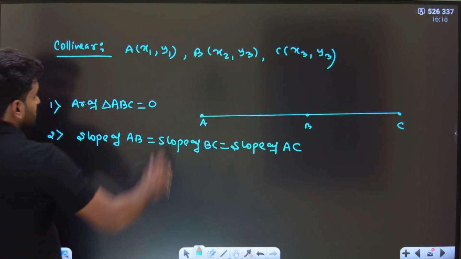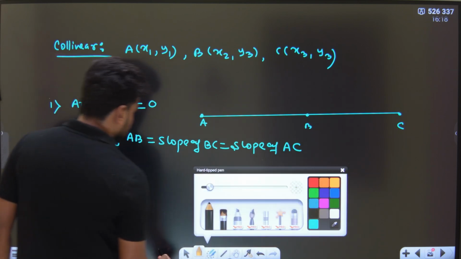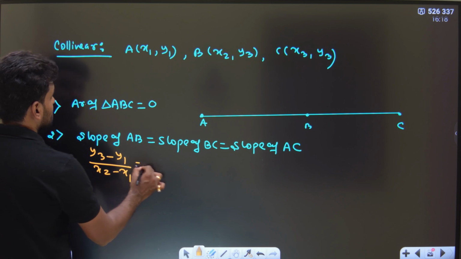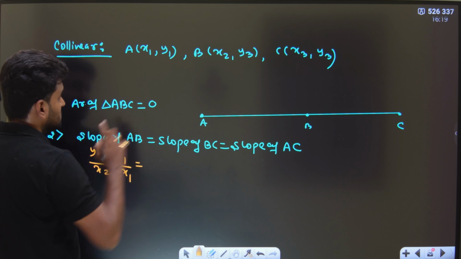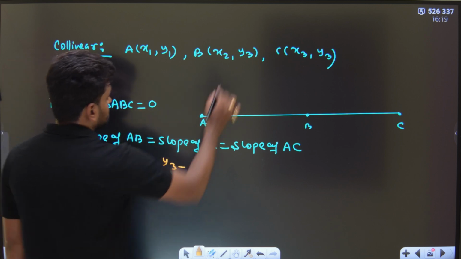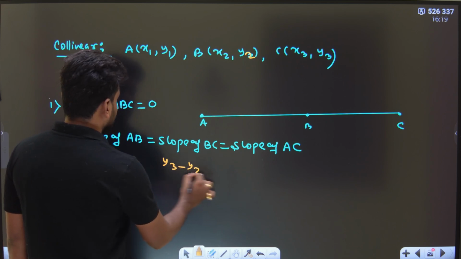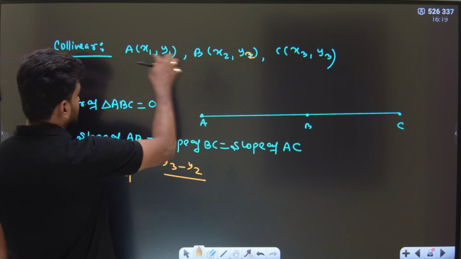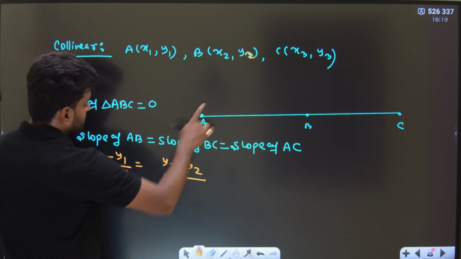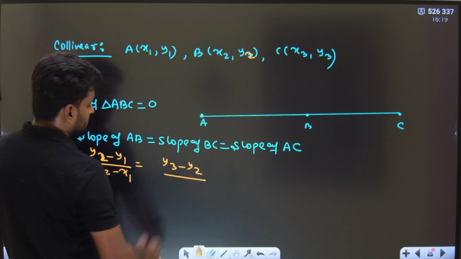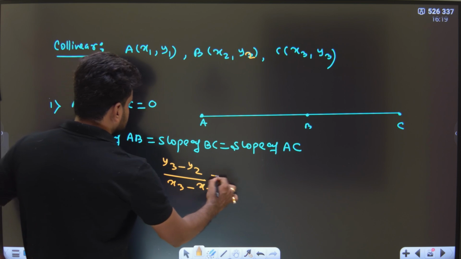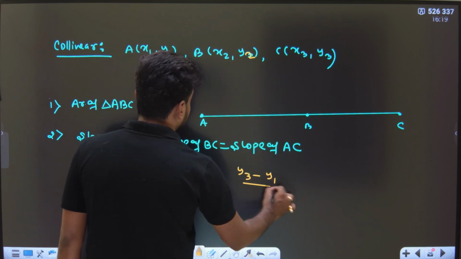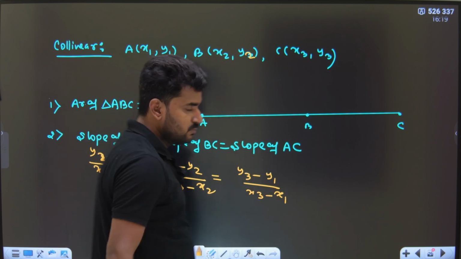If you want to write the slope of AB, it is y2 minus y1 upon x2 minus x1, which is equal to the slope of BC, that is y3 minus y2 upon x3 minus x2, which is equal to the slope of AC, that is y3 minus y1 upon x3 minus x1. The slope will be equal.